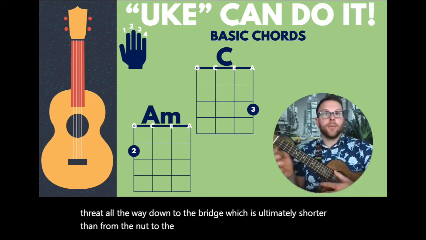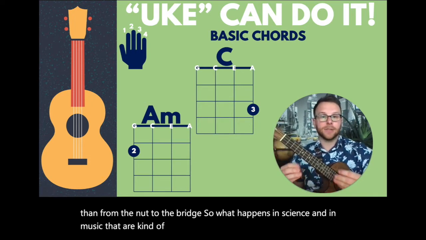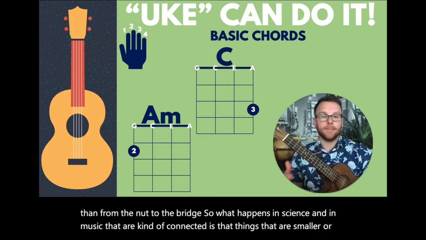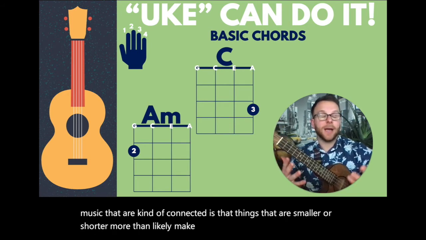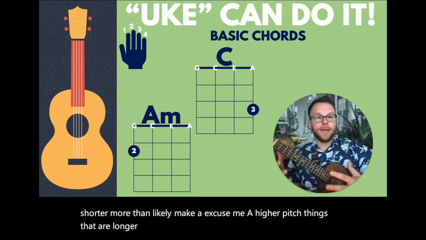So what happens in science and in music that are kind of connected is that things that are smaller or shorter more than likely make a higher pitch. Things that are longer or bigger make lower pitches.